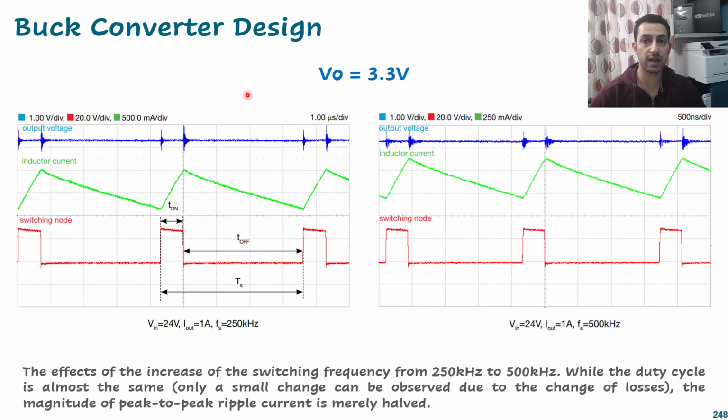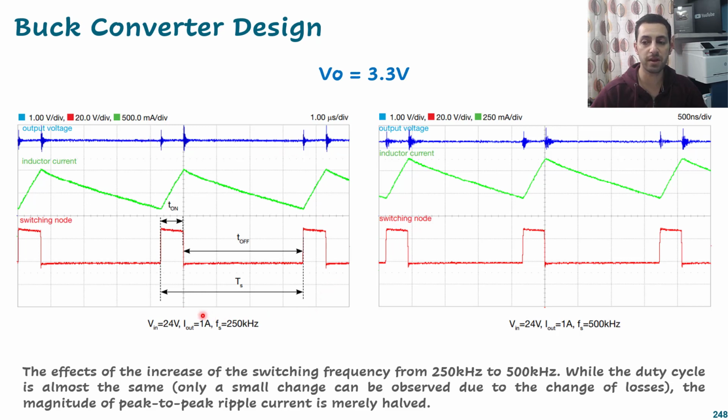This is an example of two buck converters. One is supplied with 24 volts and running at 250 kilohertz, and the second has the same input voltage but double the switching frequency. The output is 3.3 volts, and as we see here, both of them have approximately the same duty cycle and the same output, so there is no difference.